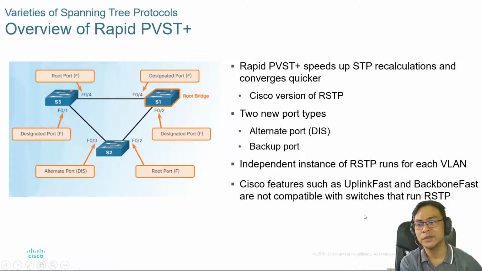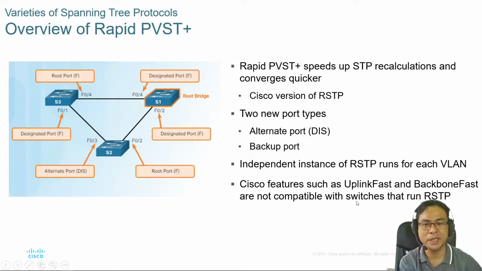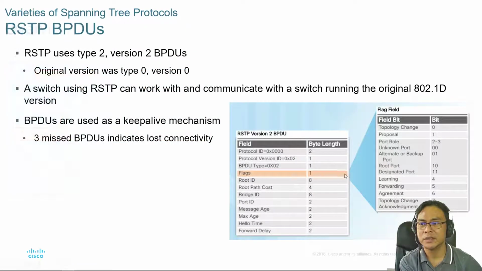Cisco features such as UplinkFast and BackboneFast are not compatible with switches that run RSTP. Okay? So that's a version like that.